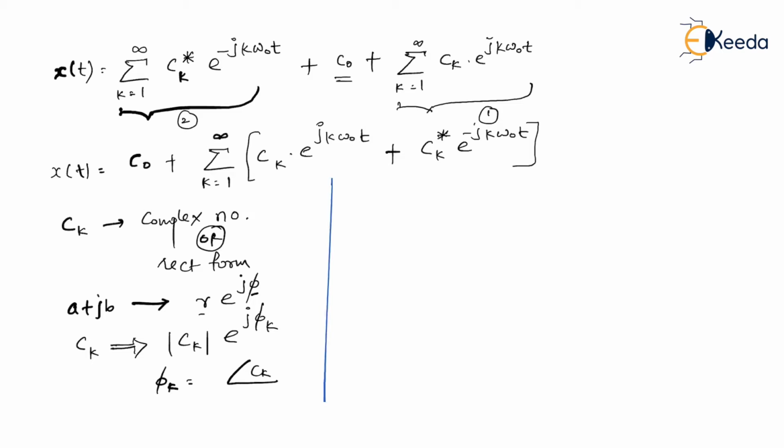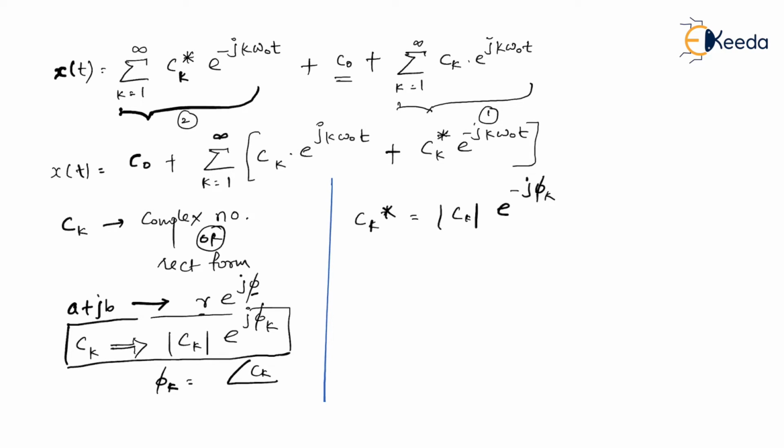Is that right? When ck can be expressed in this polar form, then ck conjugate can be mod of ck e to the power minus j phi k. Please understand the relation between ck and ck conjugate: ck conjugate is actually the complex conjugate of ck. Whenever there is a complex number or its complex conjugate, magnitude never gets affected.